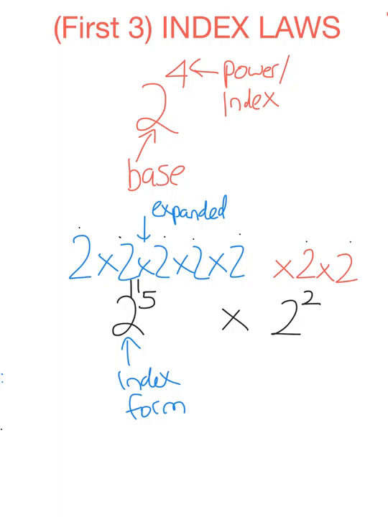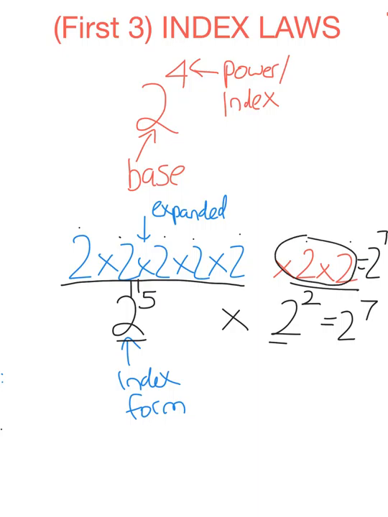So clearly, this must be 2 times itself 7 times, which is 2 to the power of 7. But since this part here is 2 to the power of 5 and this is 2 to the power of 2, then 2 to the power of 5 times 2 to the power of 2 gives me 2 to the power of 7. So what I've done is I've just added on a few more 2's.